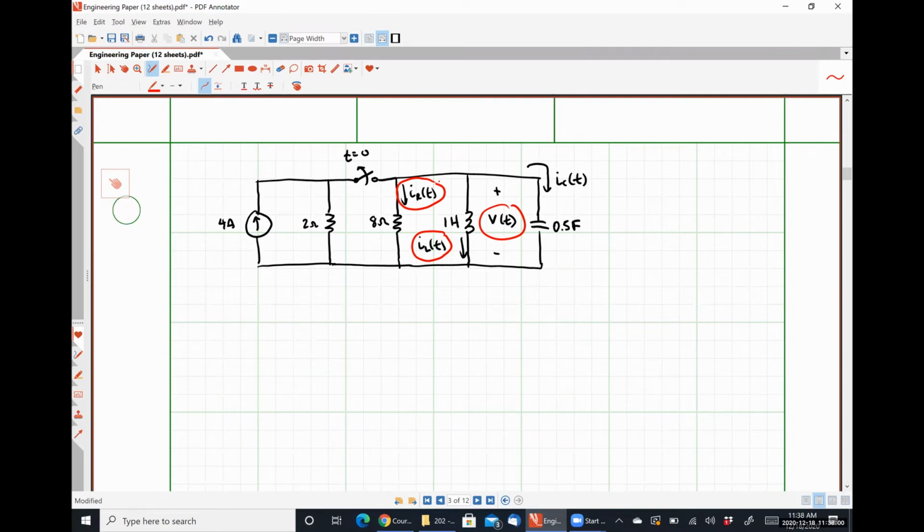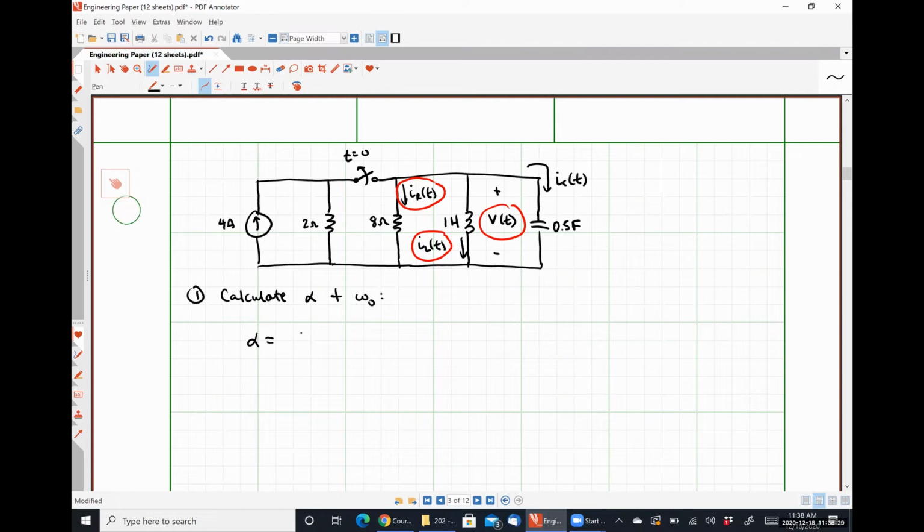Once we're finished with this, we should be good to go, okay? So the first thing that we need to do is to determine alpha and omega naught and see if this circuit is overdamped, critically damped, or underdamped. So step one, calculate alpha and omega naught.